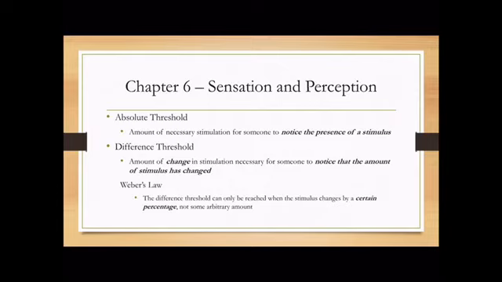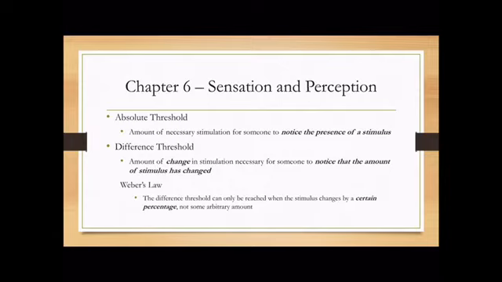And Weber's law just says the difference threshold is only reached when the stimulus changes by some percentage, not by some amount. So if I'm listening to music at volume 10 and it takes you all the way up to volume 15 for me to notice that it's changed, well, if we're listening to something at volume level 50 and you turn it up to 55, I'm probably not going to notice that it's changed, because the amount that it's changed by is such a smaller percentage than when you changed it from 10 to 15.